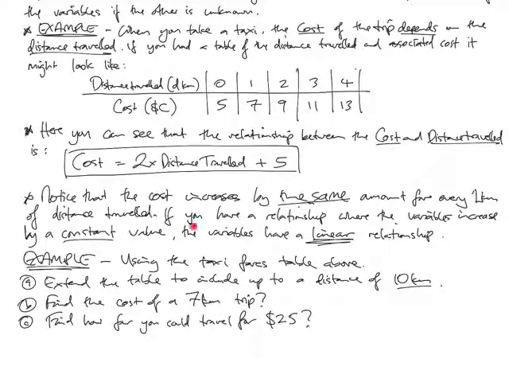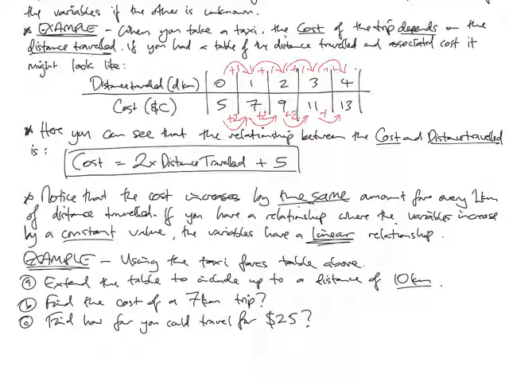So if you have a relationship where the variables increase by a constant value, so this one's increasing by 1, plus 1, plus 1, plus 1, plus 1. This one is also increasing by a constant value, plus 2, plus 2, plus 2, plus 2.